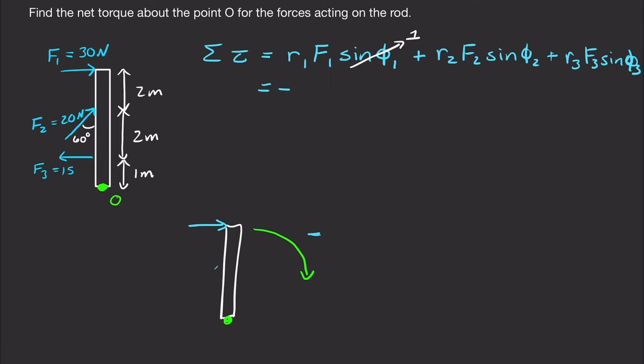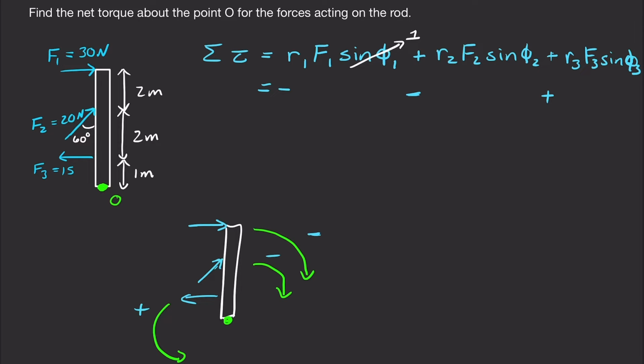The second force is up and to the right. It will also cause a clockwise rotation, so it will also be negative. So we're going to have a negative for our second torque. And then the last force, if you were to pull on it to the left, that's going to cause a counterclockwise rotation, so it will be a positive torque.